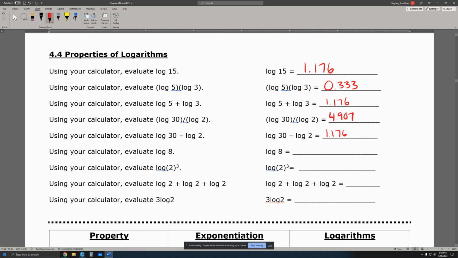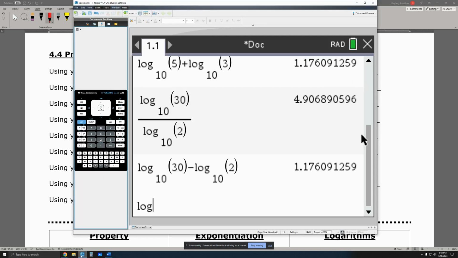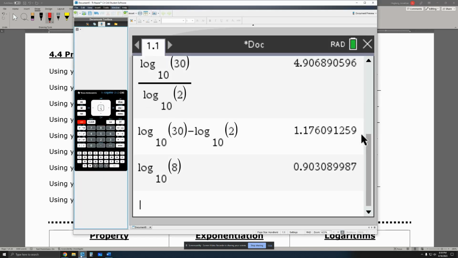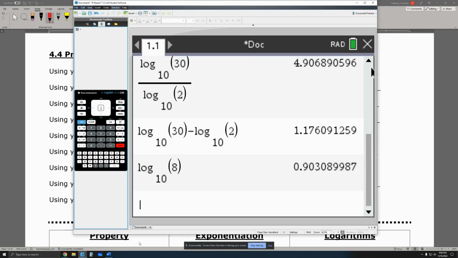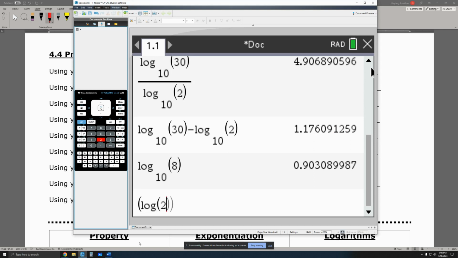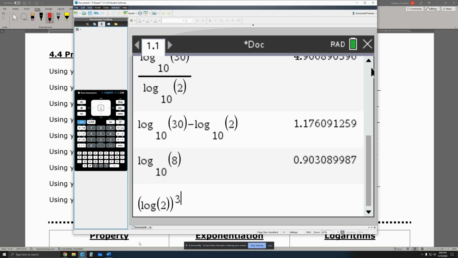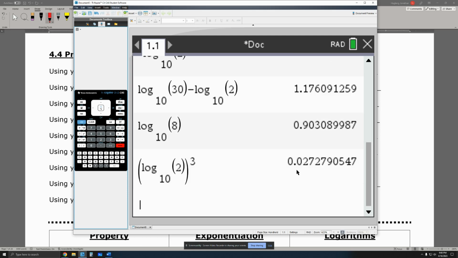Log of 8. Control enter. 0.903. Log of 2 and then cubed. First we're going to open up a parenthesis and type out log of 2, and then we're going to cube that, so we're going to raise that to the third power. Control enter, and that is 0.027.